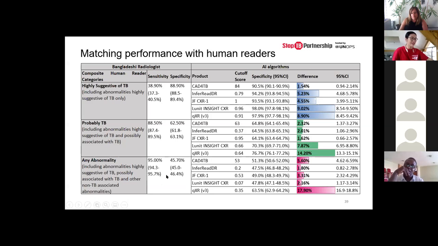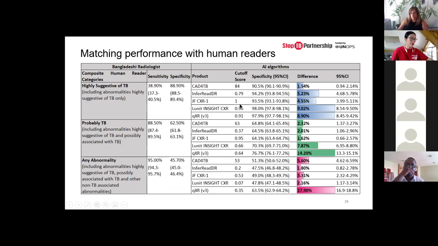And at this, the loosest criteria, the sensitivity for the Bangladeshi human radiologists is at 95. What we did here is select a cutoff score for each product so that it can match the sensitivity of the human reader at each category.